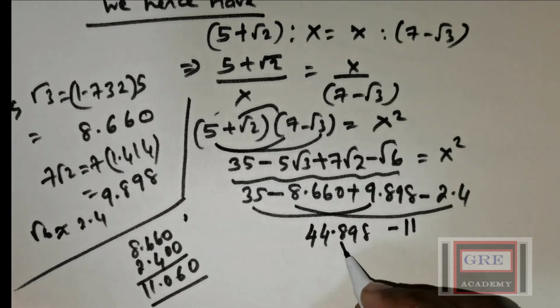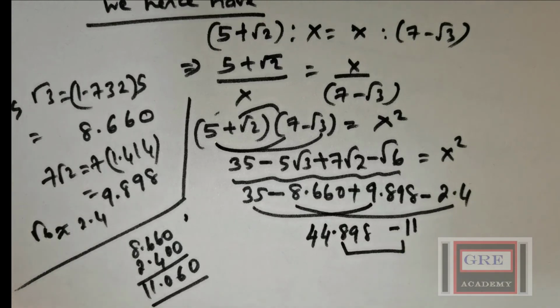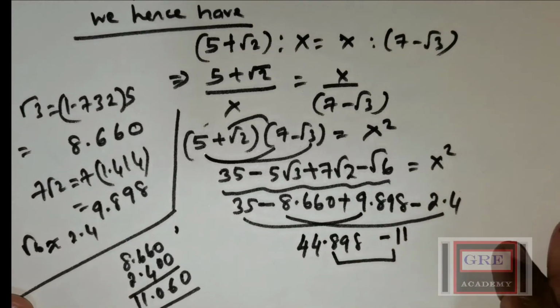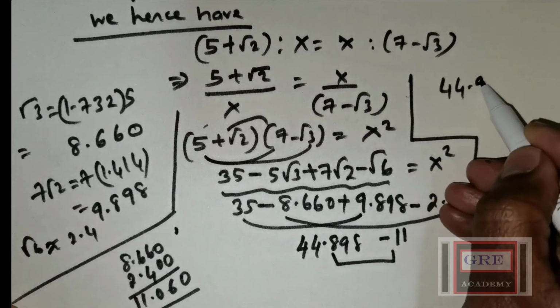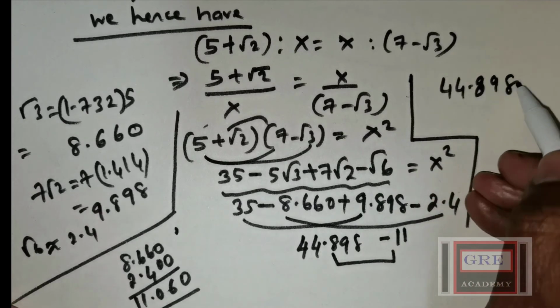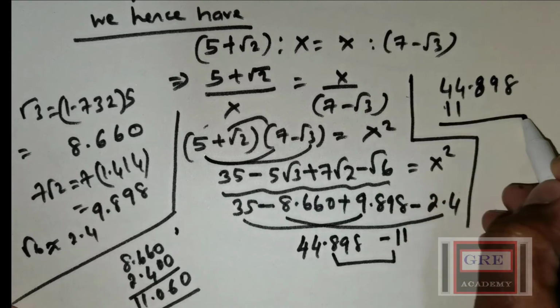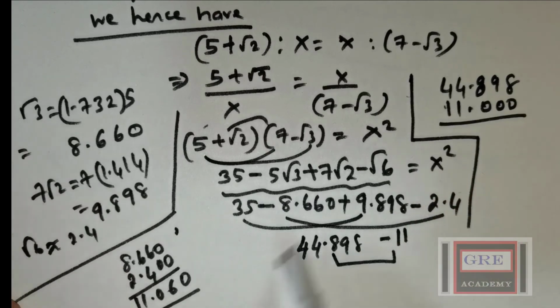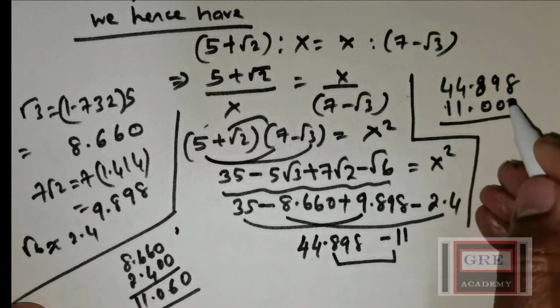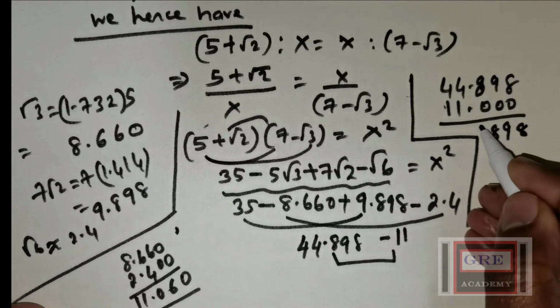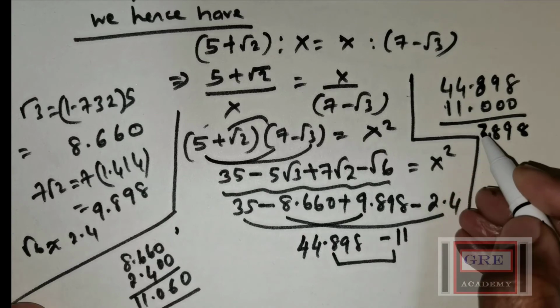So 44.898 minus 11.000 would approximately be 33.898.